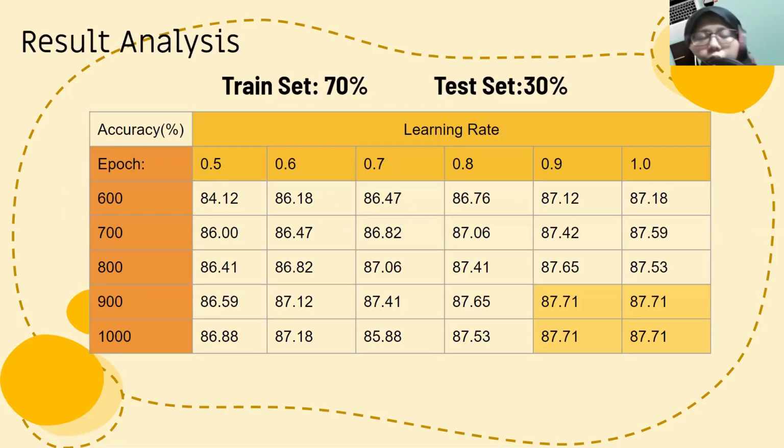Alright, let's look at our result analysis. This is our result analysis for 70% training set and 30% test set. As you can see, the highest accuracy that we have managed to get is 87.71%, which is for both epoch 900 and 1000 for learning rate 0.9 and 1.00.